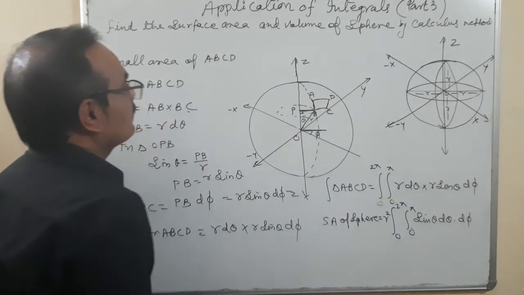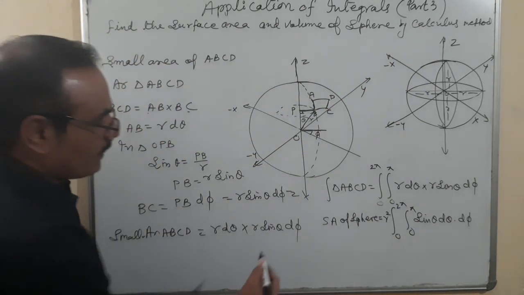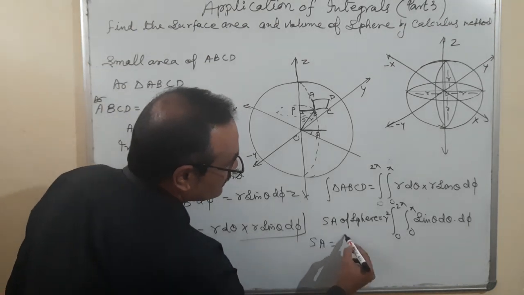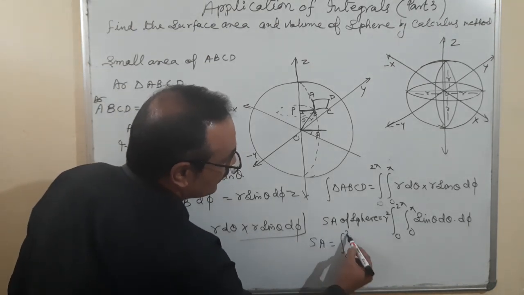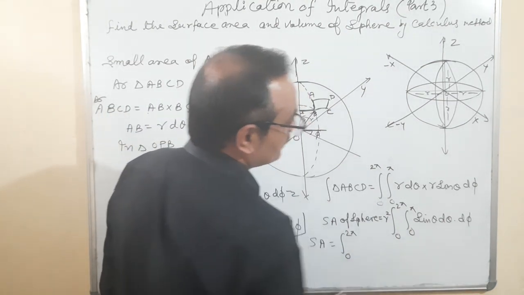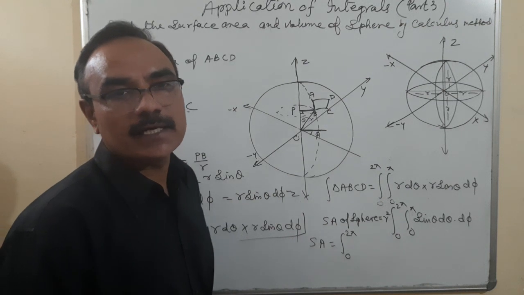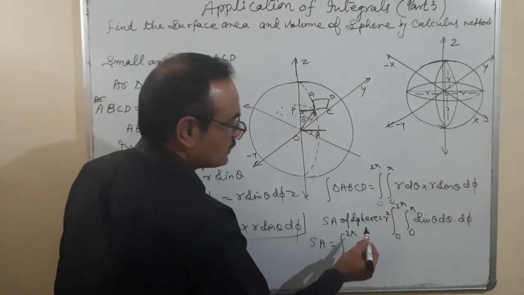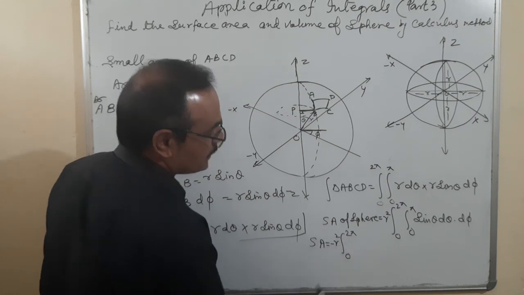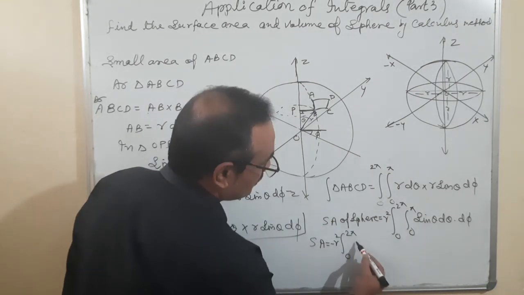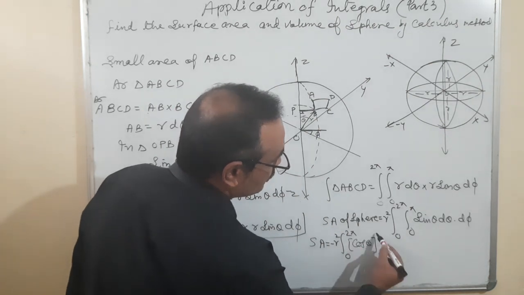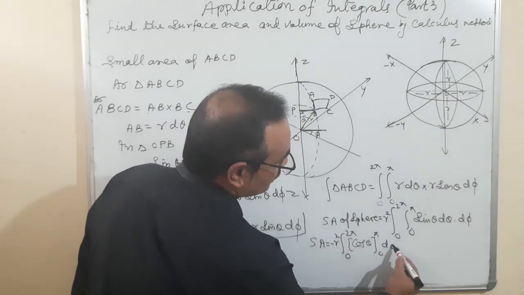After this, surface area is equal to 0 to 2 pi, sin theta d theta. Integration of sin theta is minus cos theta. So I can write here minus r cube cos theta, limit 0 to pi, d phi.